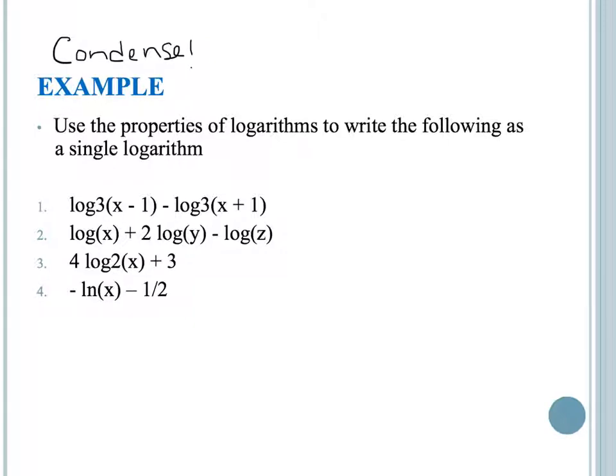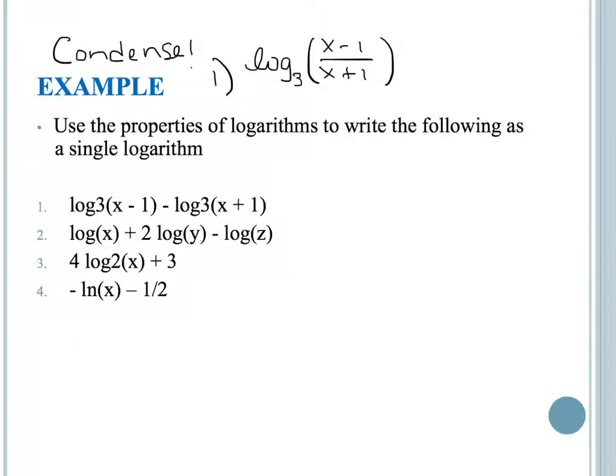So in our first problem here, I see that we have log base 3 on both of them. So I'm going to have log base 3, big set of parentheses, and with the subtraction sign I know we'll have division. I would have x minus 1 over x plus 1, and that's as far as I can take it. In my second problem, I see I have log, log, log.